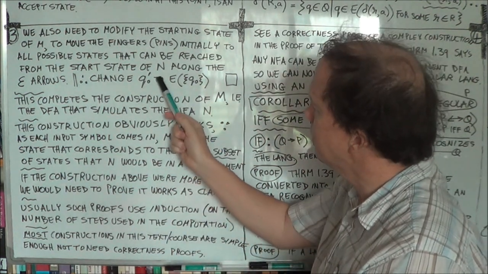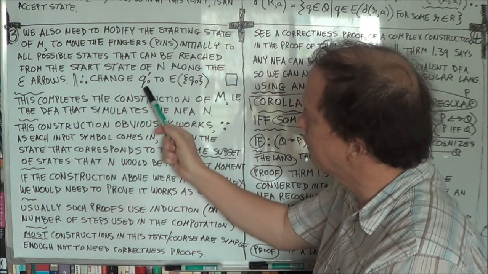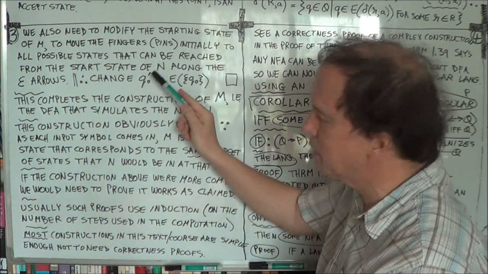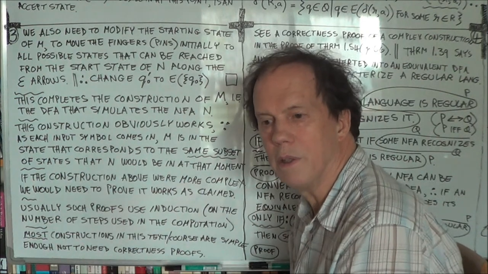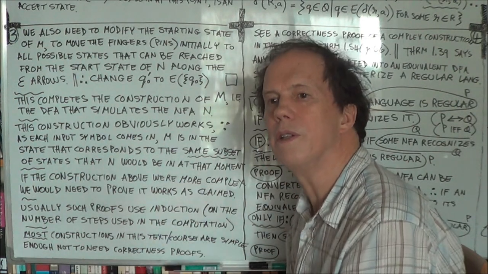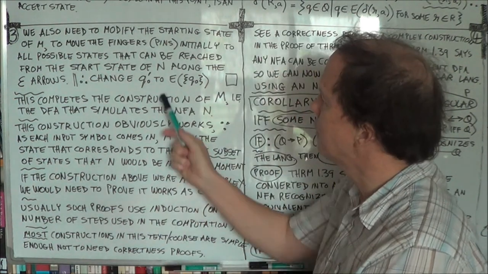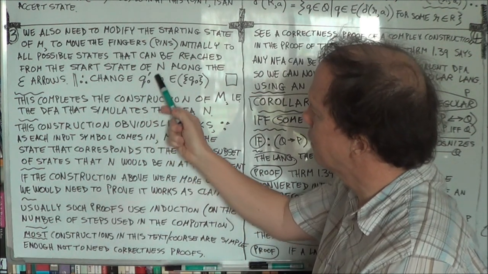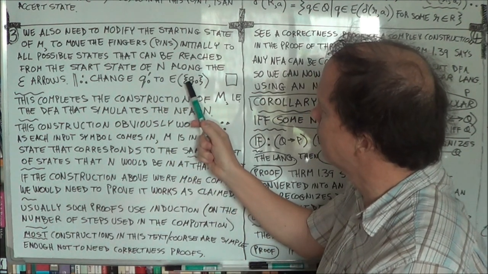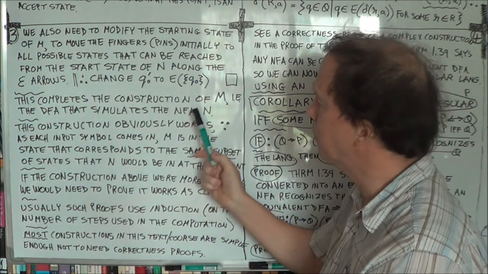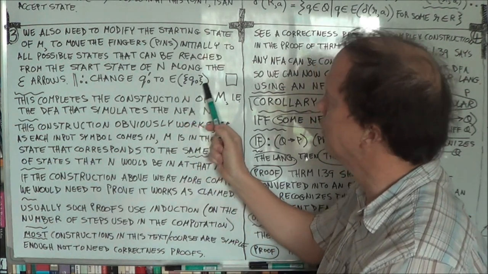Right? So your modified Q0 dash, the dash means just some property of the DFA, the equivalent DFA you're trying to find. So instead of it just being the set of Q0, it will be E of the set of Q0.